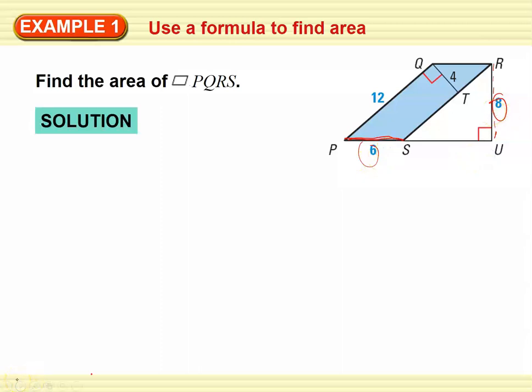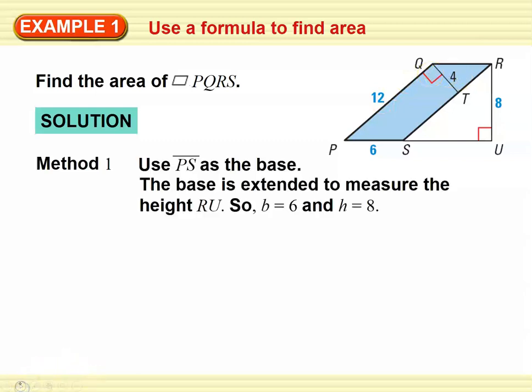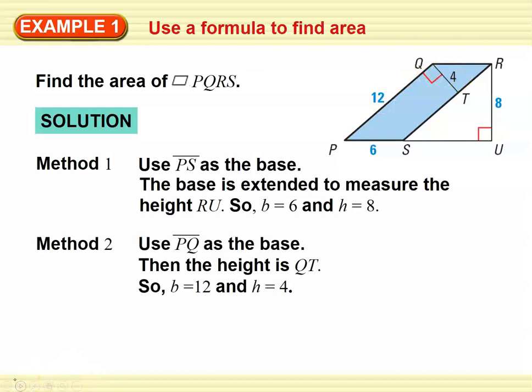So if we look at that, what do you get, depending on which way you go about it? So again, we said you could do 12 times 4, and what do you get? You get 48.